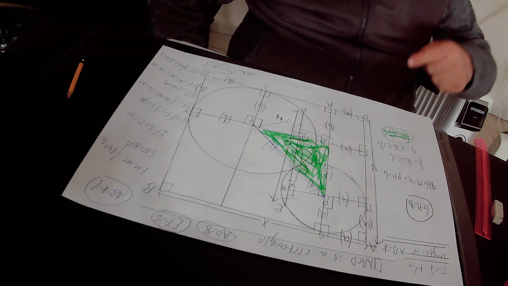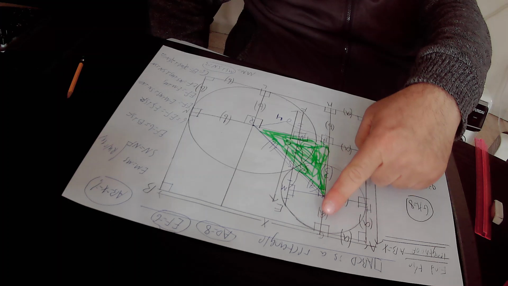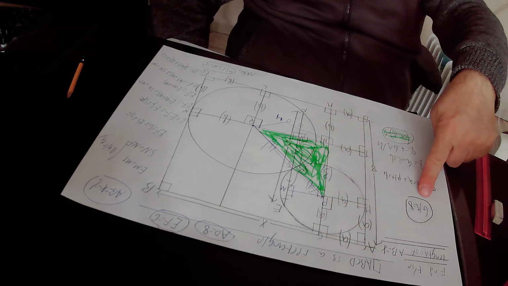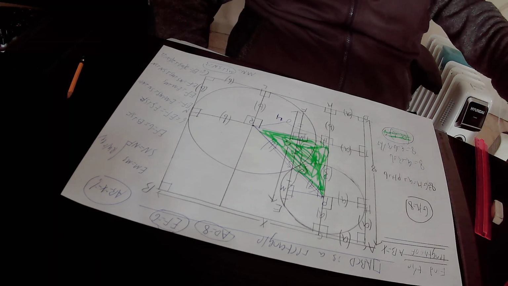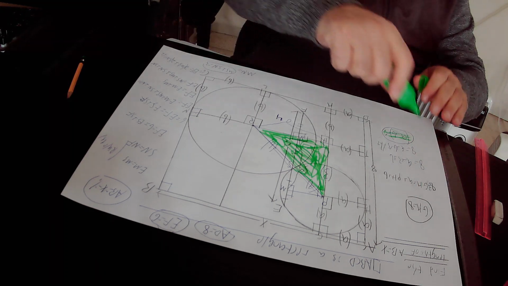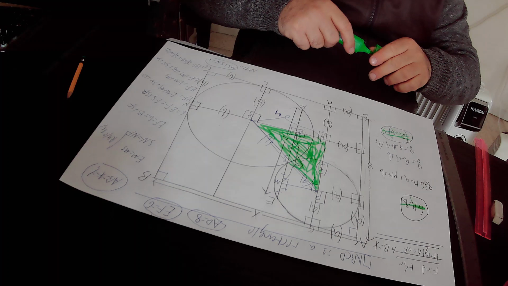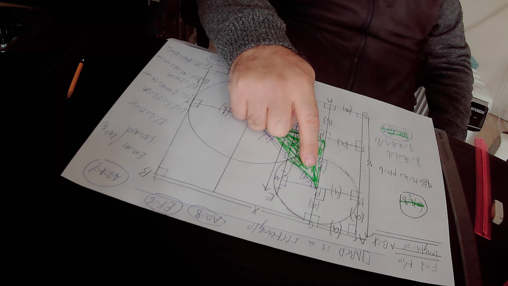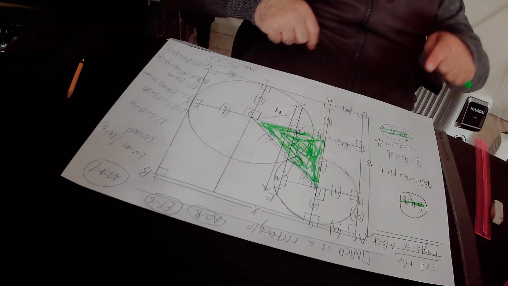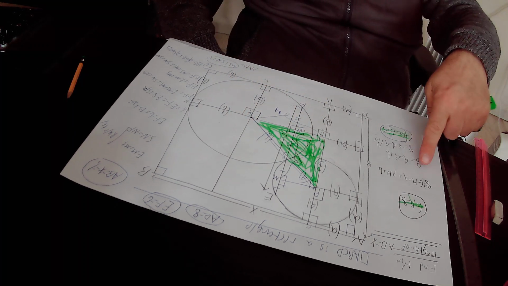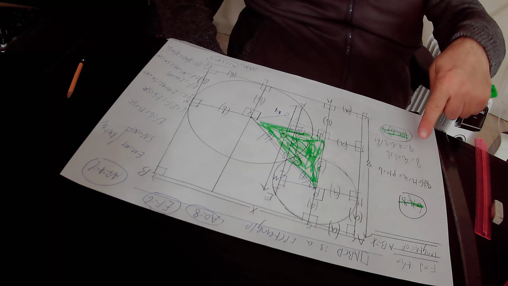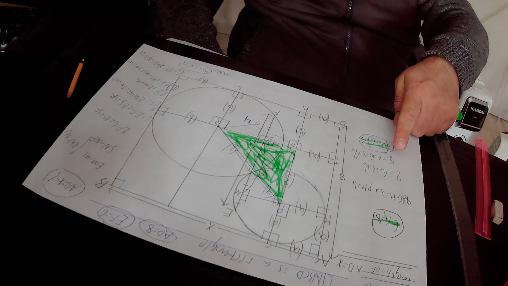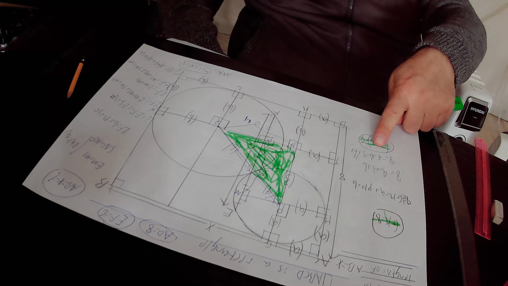So we already found out that the length of the straight line GK is 8. GK equals 8, which is equal to A plus 3 plus B. So 8 equals A plus B plus 3.